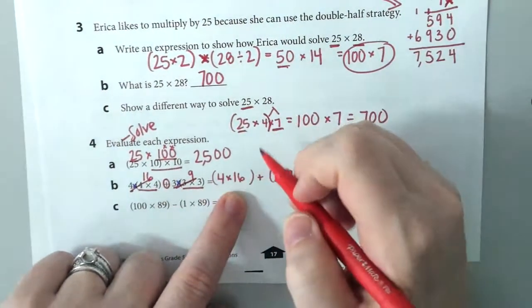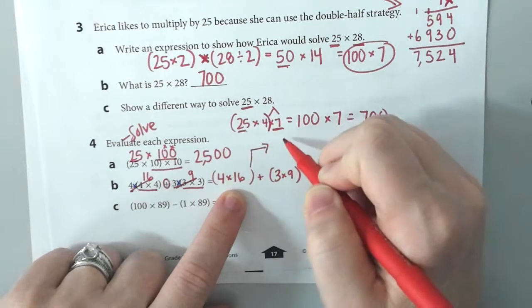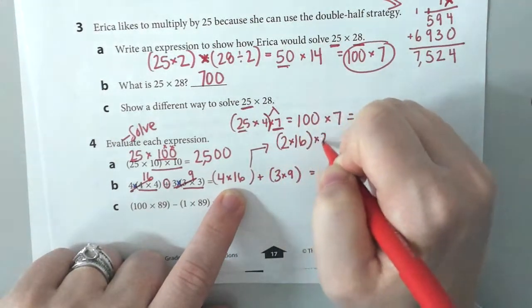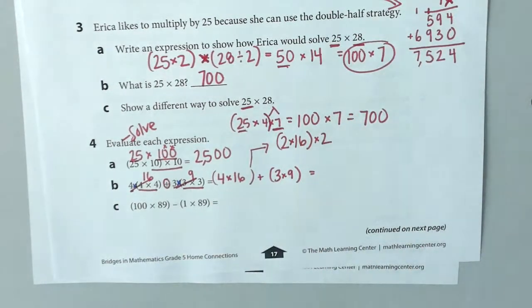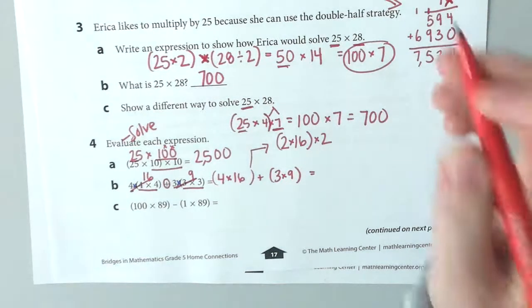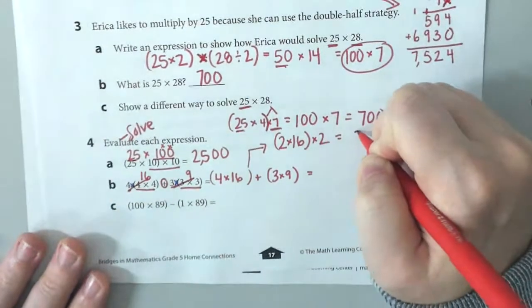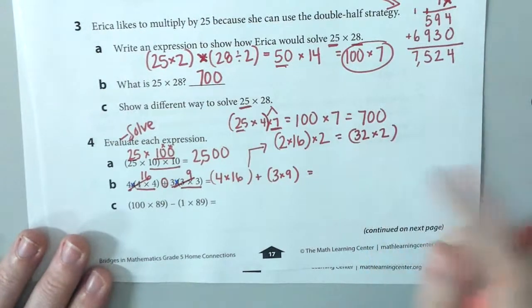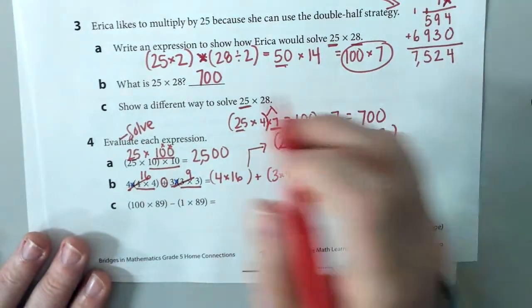For 4 times 16, here's what I think about. I think about 2 times 16 and then doubling it. What is 2 times 16? Yep, I get 32. And now I need to double 32. 32 doubled is 64.